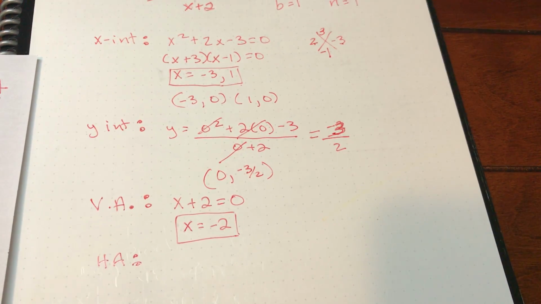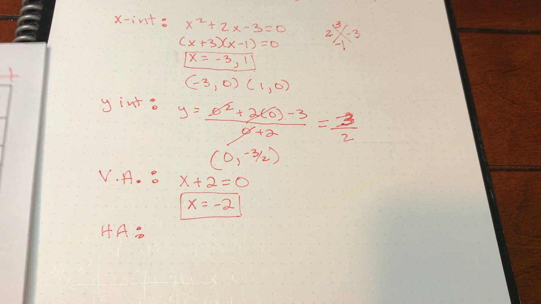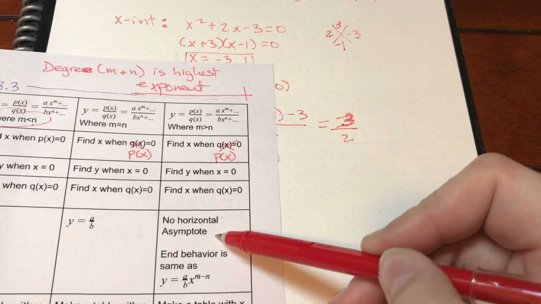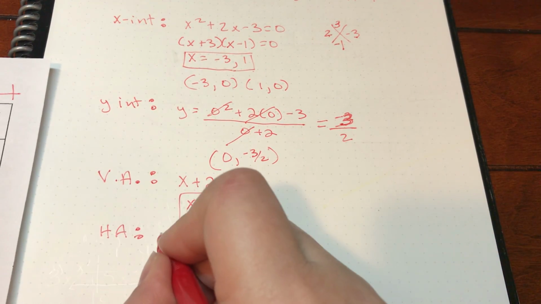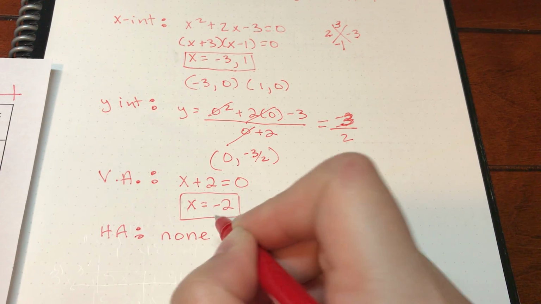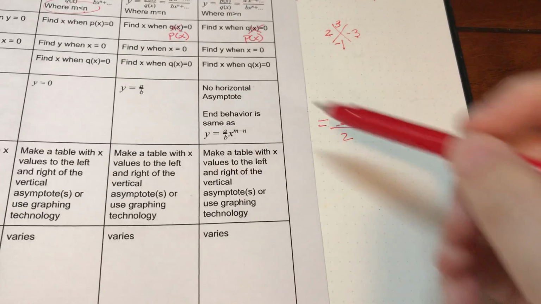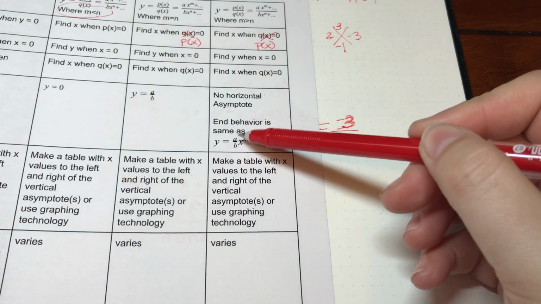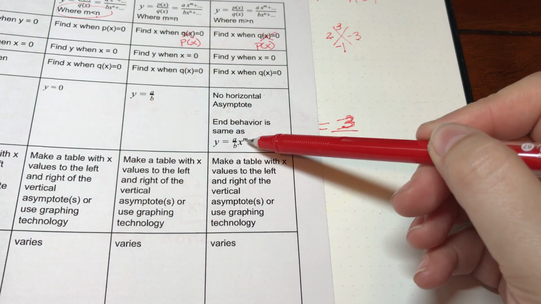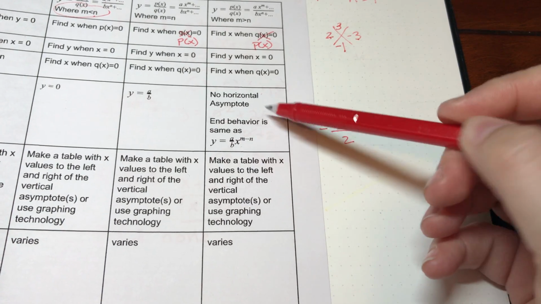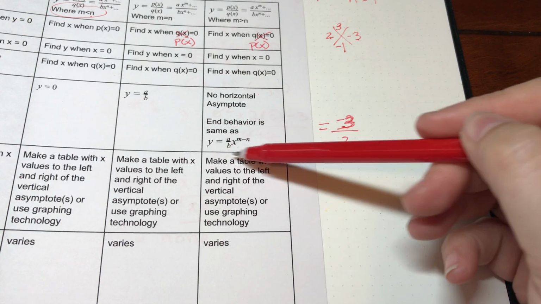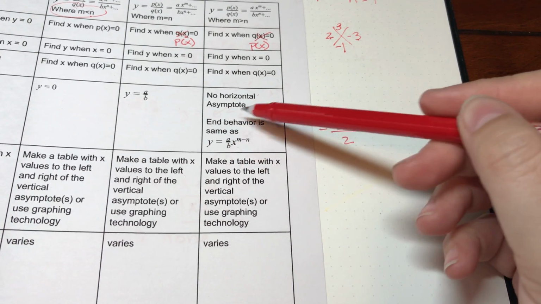All right, and this is where people are losing their minds. There is no horizontal asymptote. Great. None. And then it says end behavior is the same as y equals a divided by b times x to the m minus n. This is the only time that we look at end behavior. This is it. Only one.